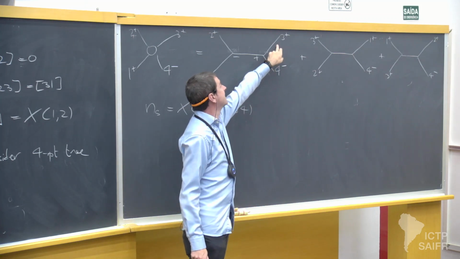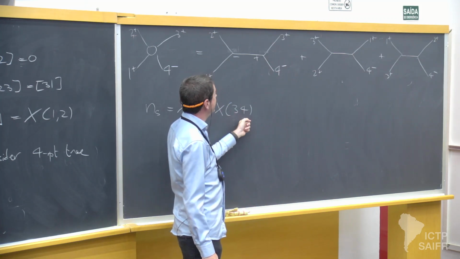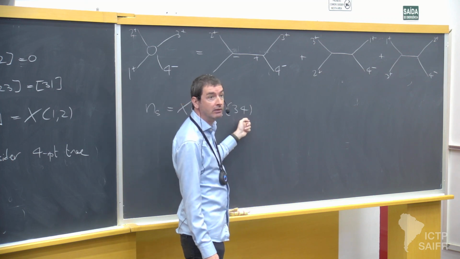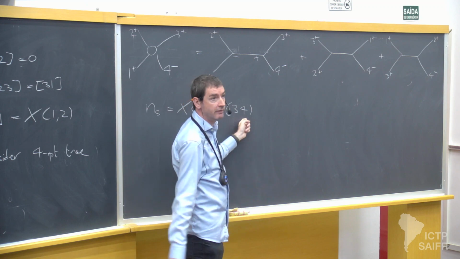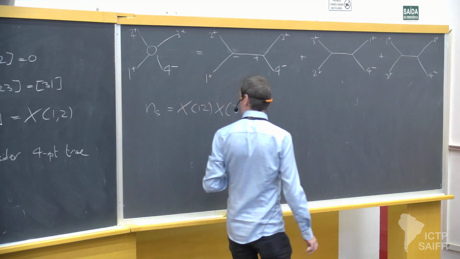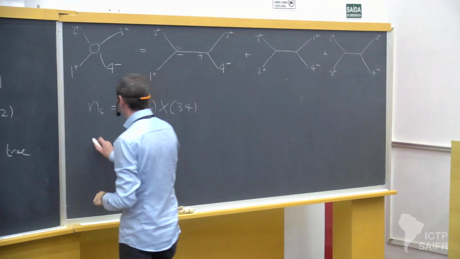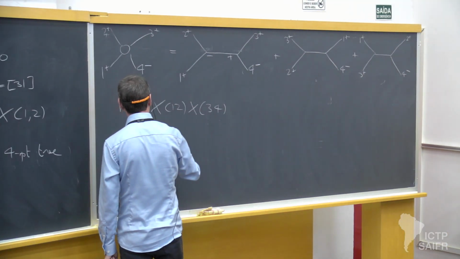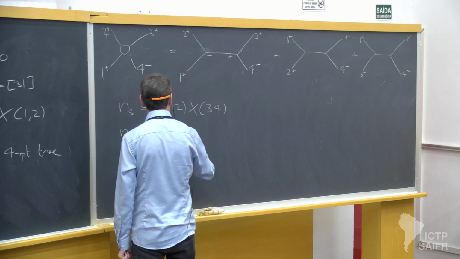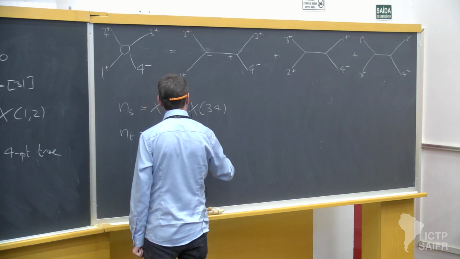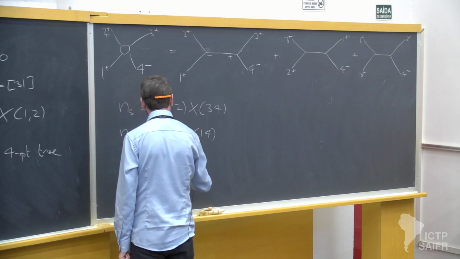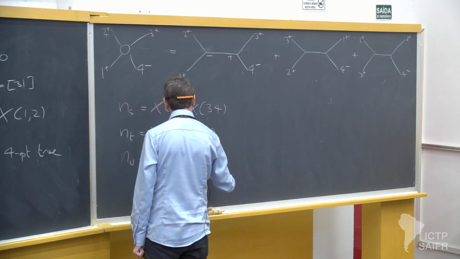So there's an x of 3 and, say, minus 3 plus 4, so it's going to be x 4, 3, with the minus sign, x 3, 4. So that's the S channel numerator. And all the other ones you get by this permutation procedure: T is x 2, 3 times x 1, 4, and U is x 3, 1 times x 2, 4.